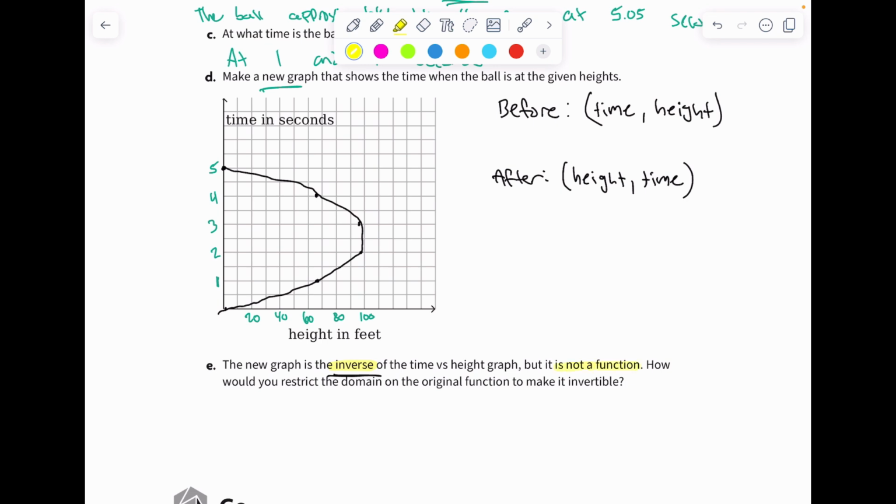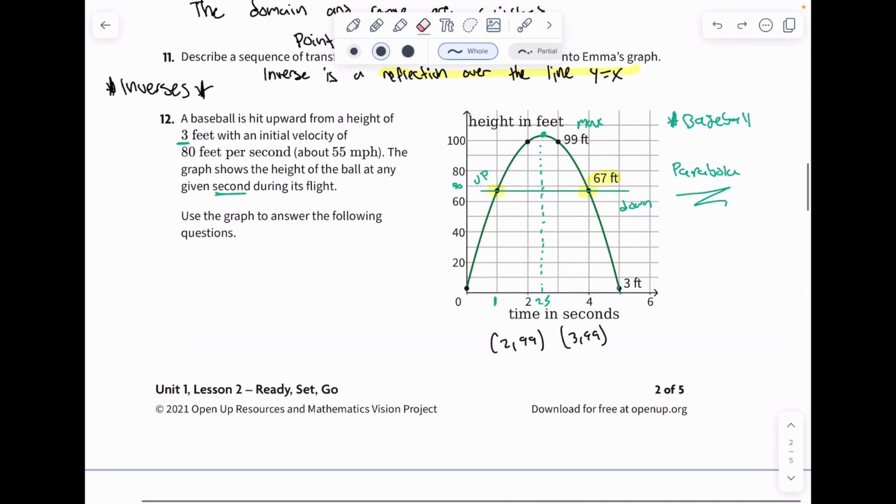Okay. How would you restrict the domain on the original function to make it invertible? So it is not a function because it does not pass the vertical line test. Okay, so it doesn't pass the vertical line test, right? So there you go, doesn't pass it. So to restrict the domain of the original function to make it invertible, you can essentially see that I would have to cut it at the halfway mark.